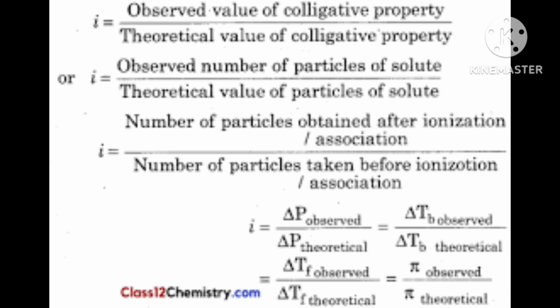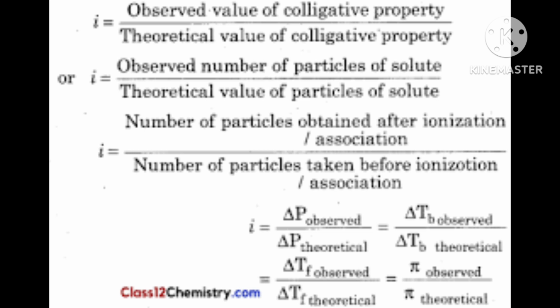If you dissolve them in water, then they will ionize, meaning dissociation takes place. As for example, NaCl. If you dissolve NaCl in water, it will break into sodium and chloride ion. One molecule becomes two particles, cation and anion.